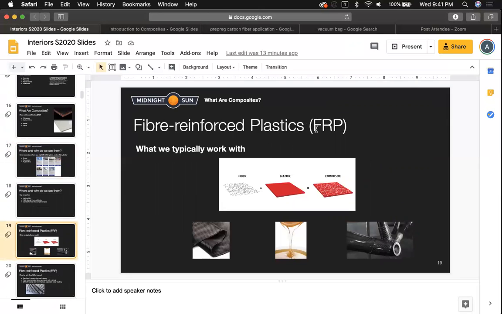In general, with any fiber reinforced plastic, you have a fiber, you have a matrix, which is normally your plastic, and together they make a composite. It's the same terminology used for any composite. If it's concrete, the fiber is the rebar, or metal reinforcement bar, the matrix is the cement, and together they make concrete.